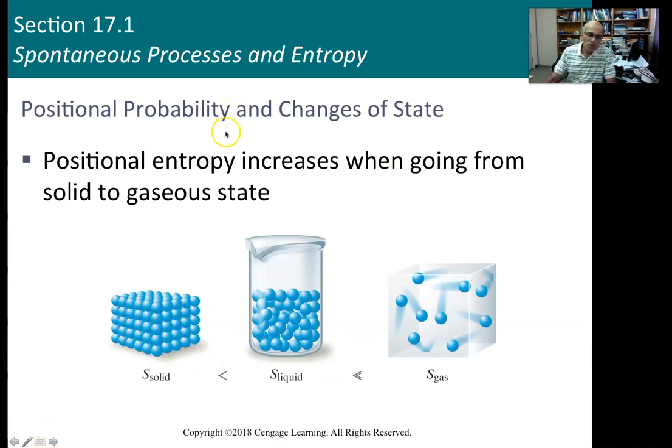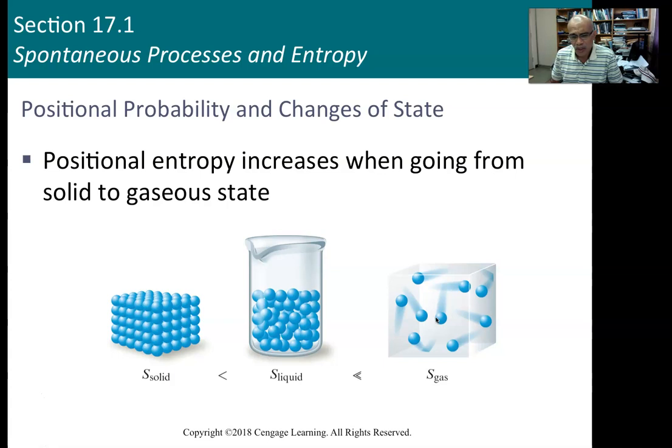So let's take it to an example of water. Water is a solid, a liquid, and a gas. If you look at this, in the solid phase you have fixed atoms or fixed molecules, and the degree of probability in this is not that high, and it'll be a little bit more for the liquid state, but much more when it is in the gas state.